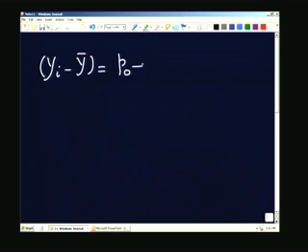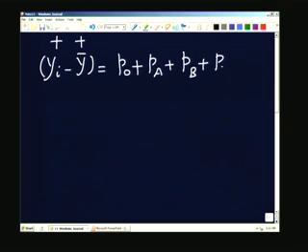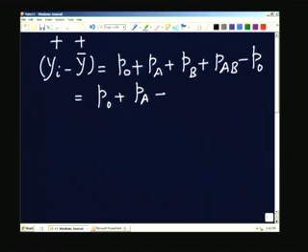For example, if I take plus plus, that means both high values, that will be p naught plus pa plus pb plus pab minus p naught, because that is the mean value. This is nothing but pa plus pb plus pab. I am going to square this, okay, because I need the square of this quantity.